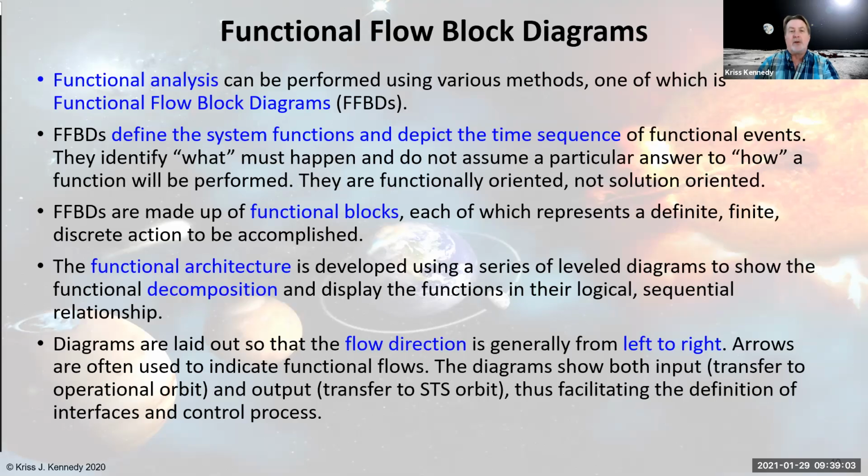Diagrams are laid out so that they flow in direction, in general, from left to right. Arrows are often used to indicate the functional flows. The diagrams show both input, transfer to operational orbit, and output, transfer to STS orbit, thus facilitating the definition of interfaces and control process. So as we described earlier, concept of operations and interface definition is important and part of this whole aspect of functional decomposition.